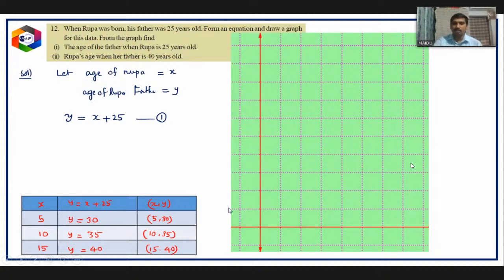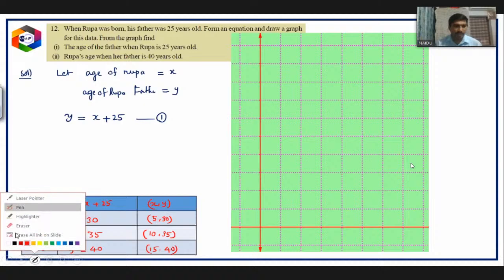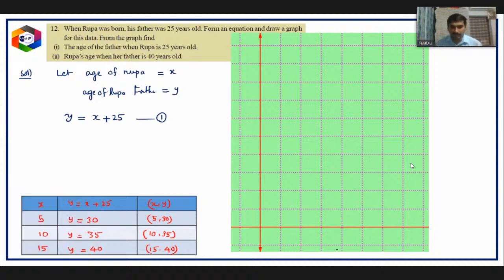So on this x-axis, as I already said, we are going to take the x value, that is Rupa's age. The y value, the father's age, I am taking on y. In multiples of 5: 5, 10, 15, 20, 25, 30, 35.